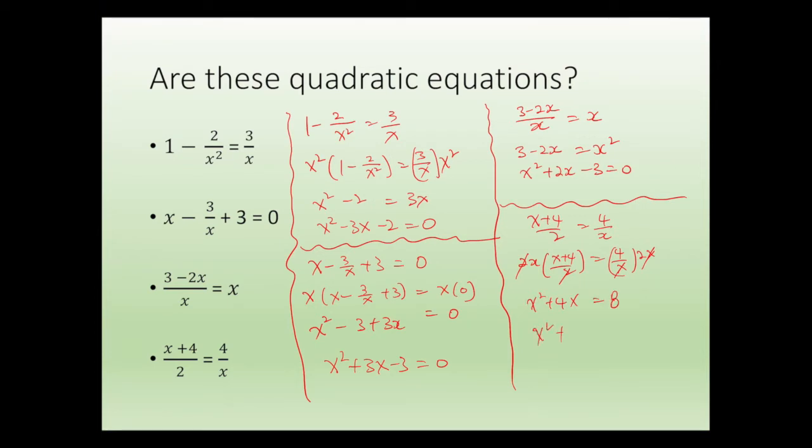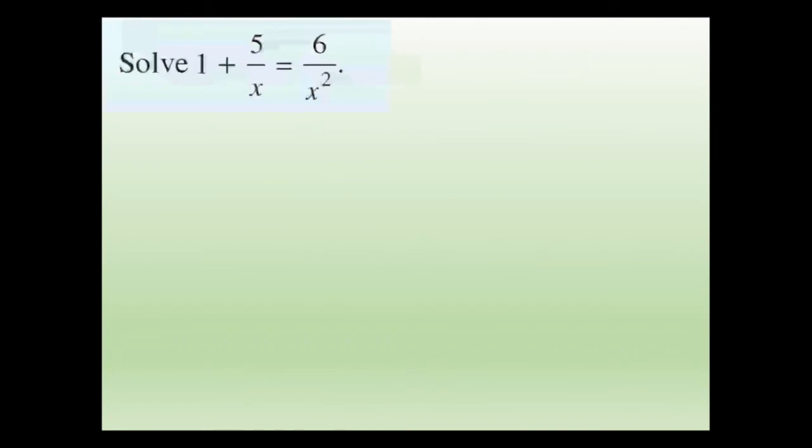So here, I've got x squared plus 4x equals 8. Therefore, rearranging, x squared plus 4x minus 8 equals 0. Now, you can see that I've rearranged all 4 equations into quadratic equations. Then we can solve it.